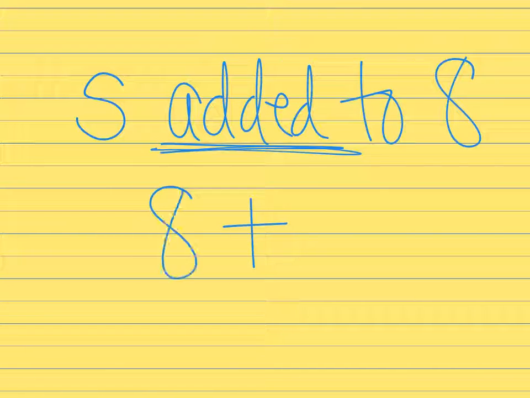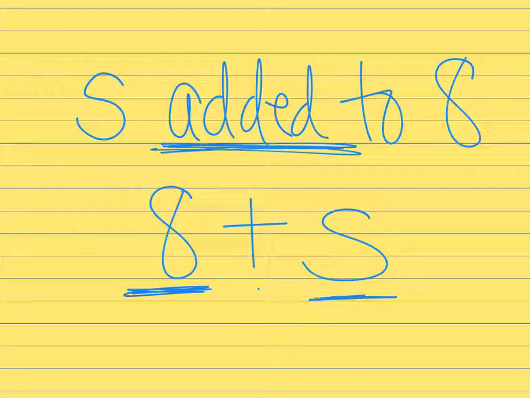So 8 plus s would be my algebraic expression. Now I'm using 8 plus s because it said s was added to 8, showing that 8 was there first. That's why I started with the 8 and added the variable. This is an algebraic expression because it has a variable.